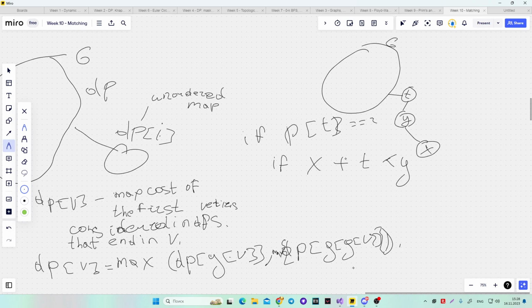We consider this if, and else. We add x and t to our answer, else y.